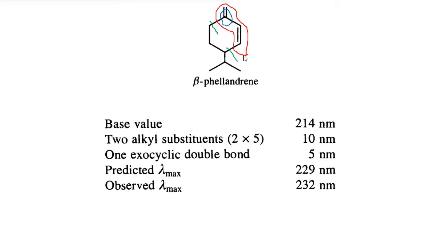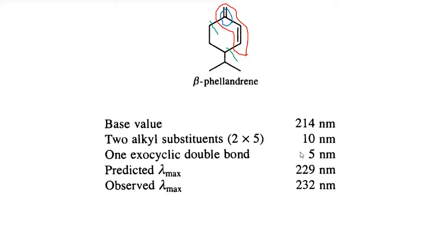See this example. It is a heteroannular diene, and hence the base value is 240 nanometer. Then you can see there are two ring substituents marked in green drawings.